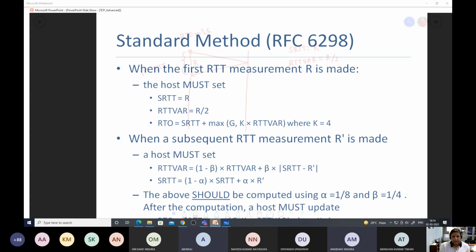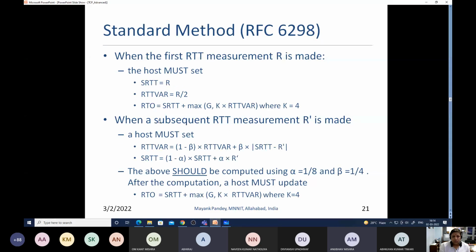RTO equal to SRTT, which should be R, plus maximum of G, any granularity you can take, comma K is 4 into RTTVAR, which is R by 2. Fine. So what would be the leading parameter?